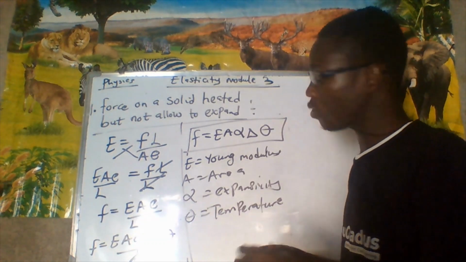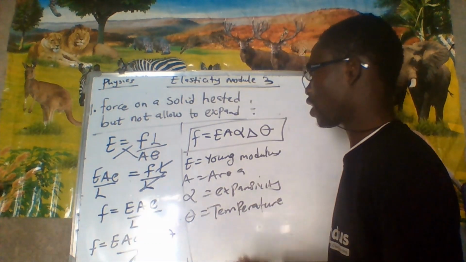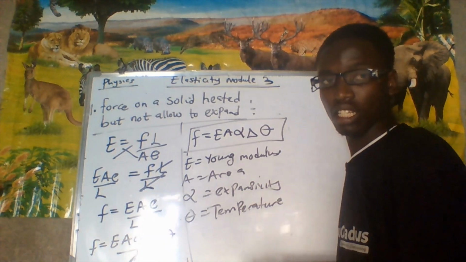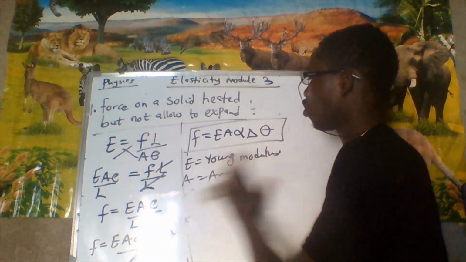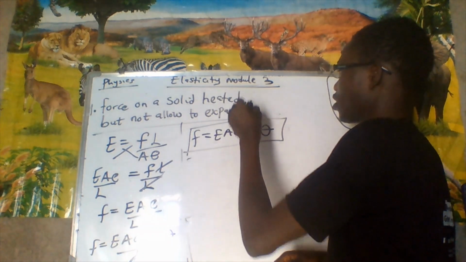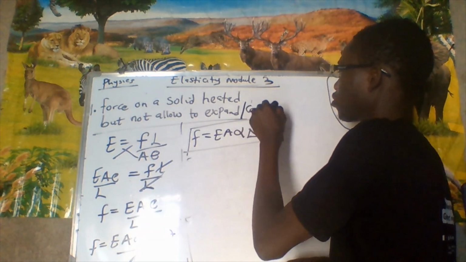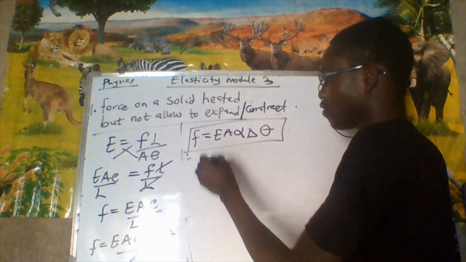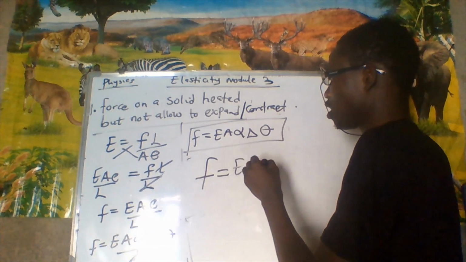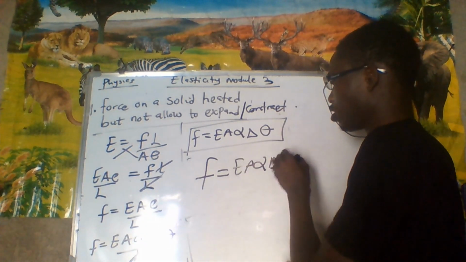So whenever you are asked to calculate the force on a solid heated but not allowed to contract or expand, it can contract and it can expand, this is the formula: F equals EA expansivity change in theta.